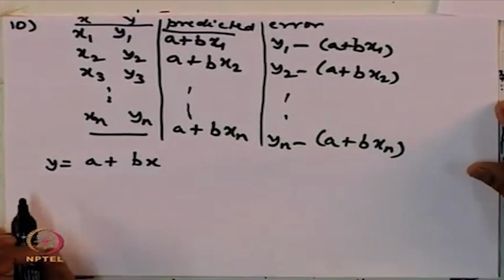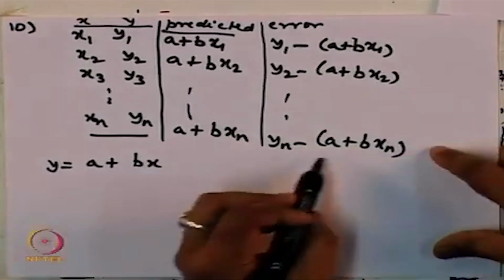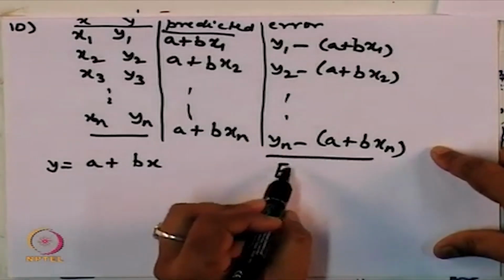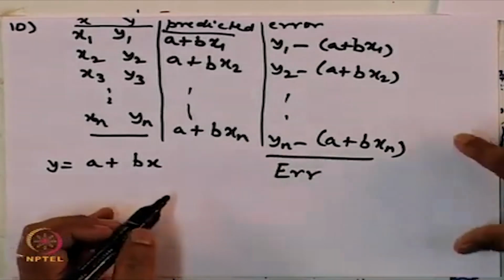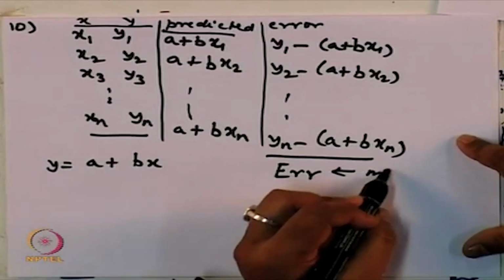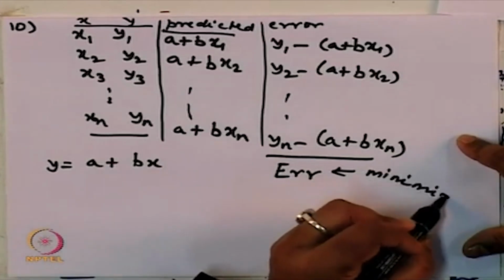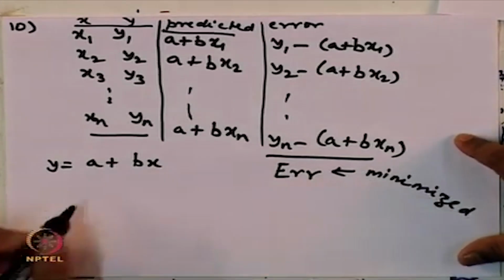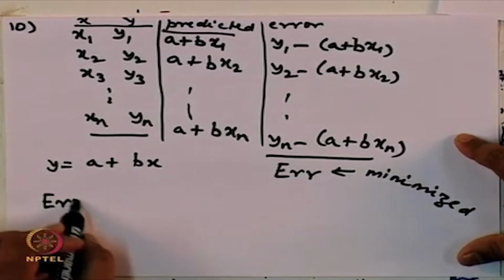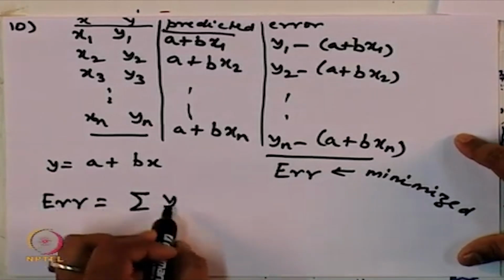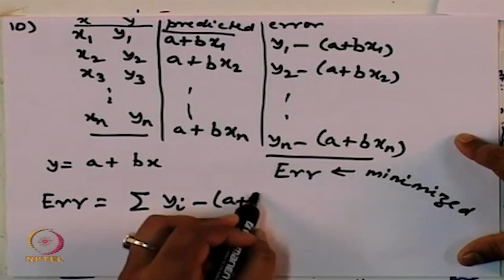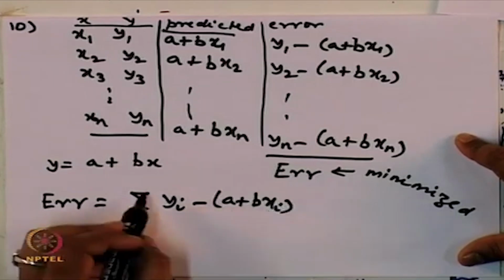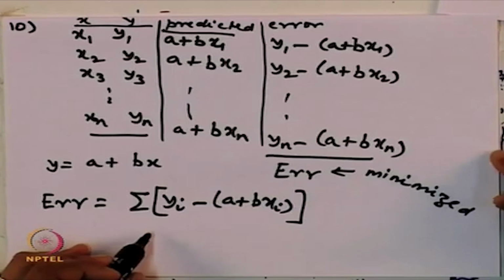Now, my total error is what I want to minimize. This has to be minimized. Okay. Now, if I were to define error as just the summation of yi minus (a plus bxi), okay, would this be a good metric?